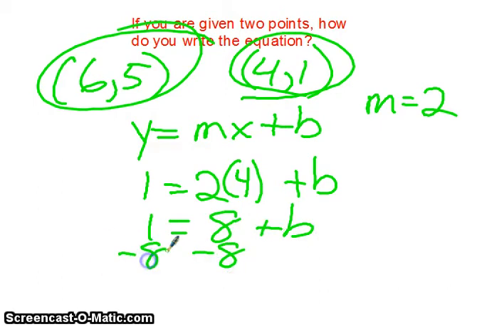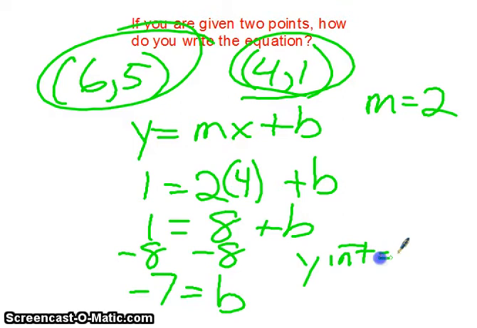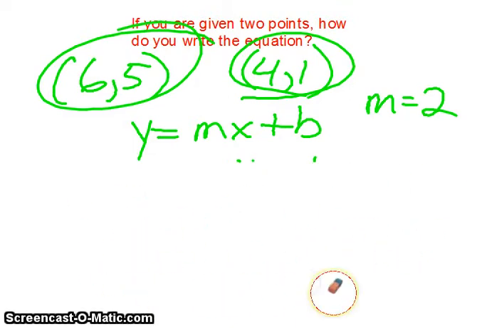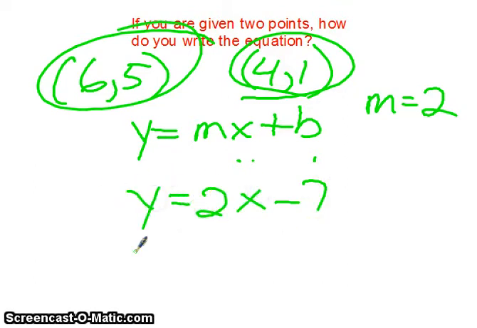Subtract 8, and b is going to equal -7. So our y-intercept equals -7. So if we take that information, a y-intercept of -7 and a slope of 2, we can write our equation y equals 2x minus 7.